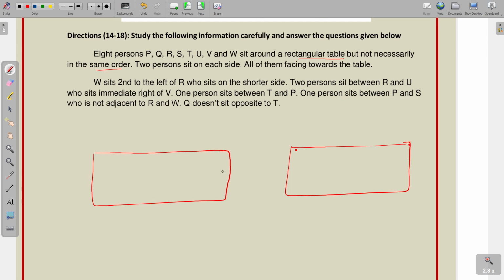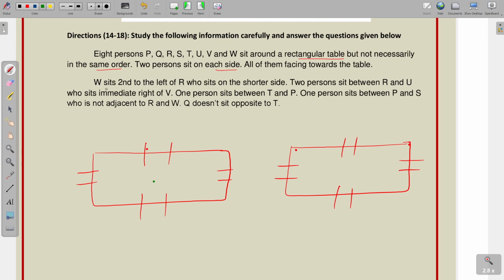It has a smaller side and a longer side. And next, 2 persons sit on each side. So each side has two persons, 1, 2, 3, 4, 5, 6, 7 and 8. The second possibility is also the same. And next, all of them face towards the table.